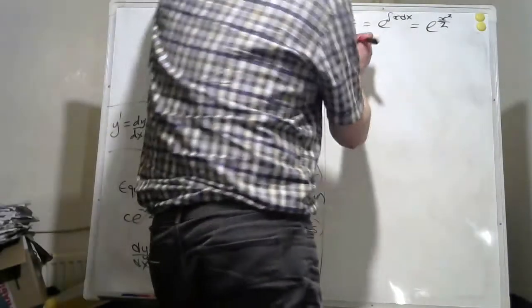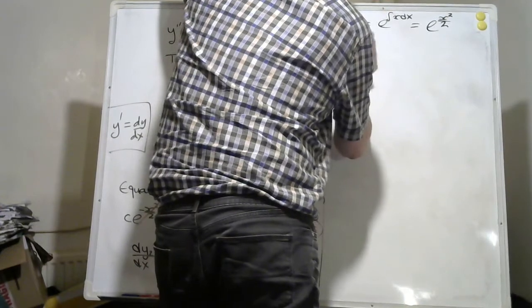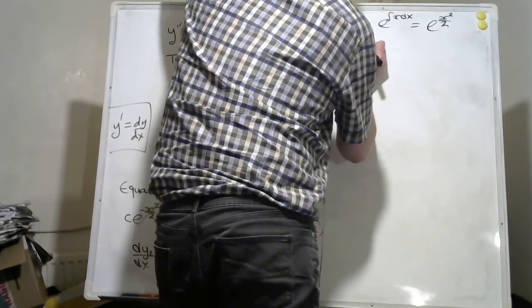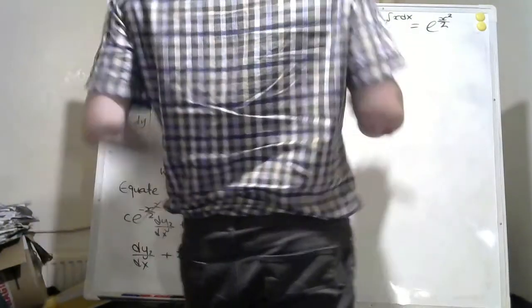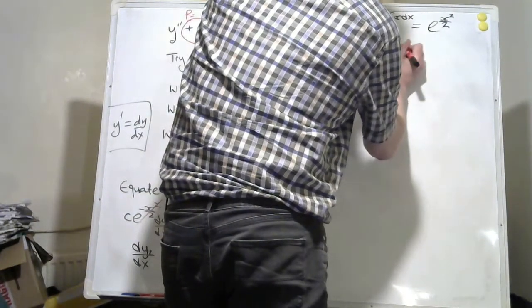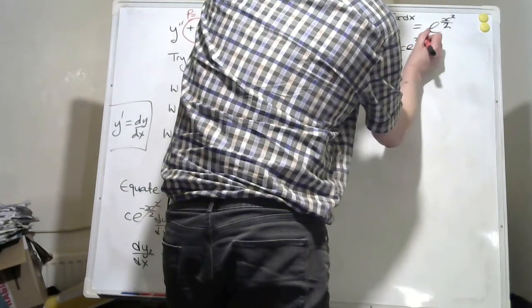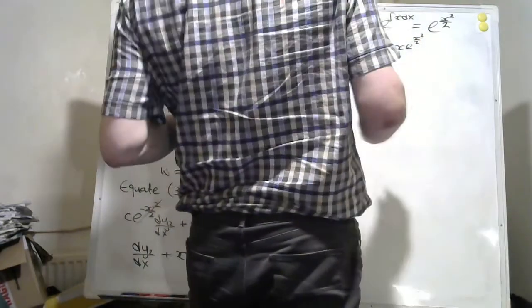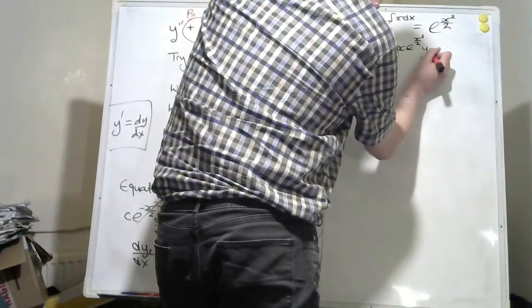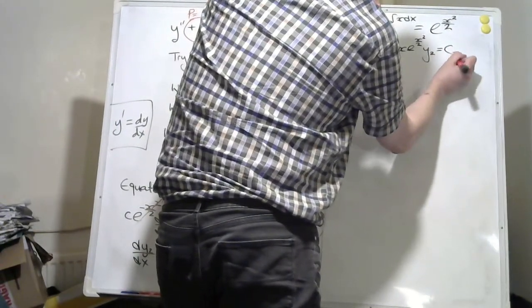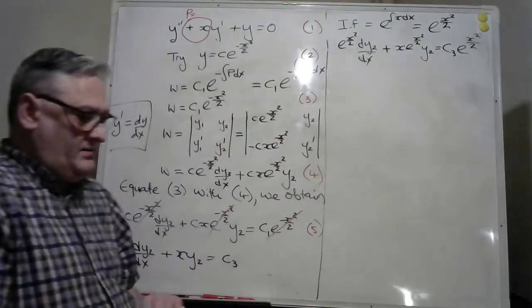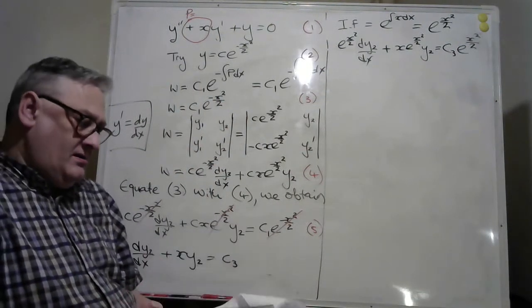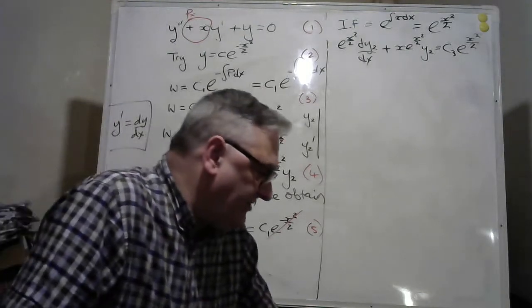So we've got e to the x squared over 2 dy2 by dx plus x e to the x squared over 2 y2, which is equal to C3 e to the x squared over 2. Okie doke. Let me just check that I'm on the right lines. I think so.